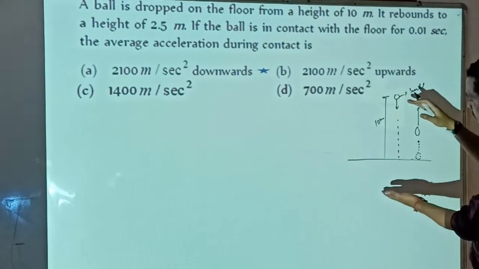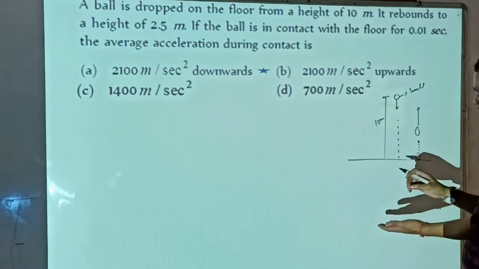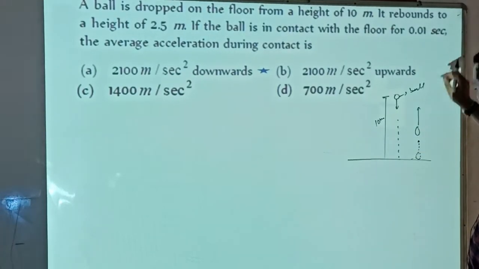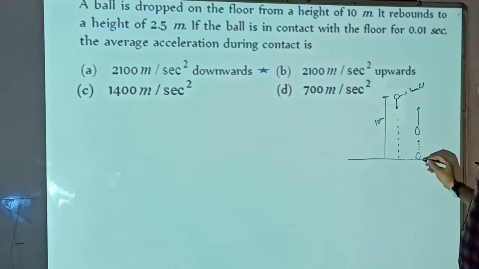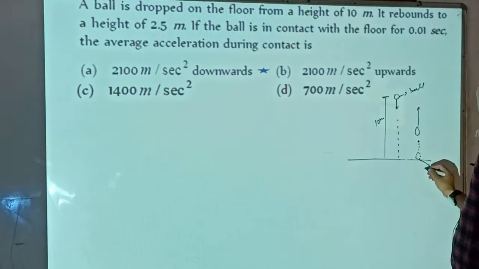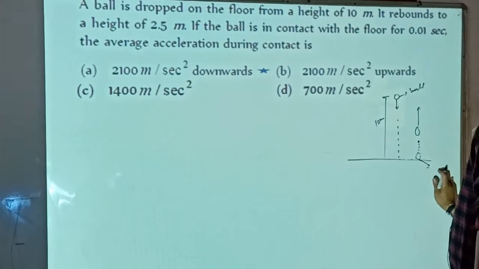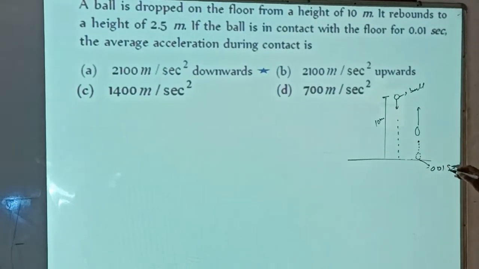After coming to the ground, after collision, it will go upward again. That is called rebound. And the contact time for the collision is 0.1 second, I think 0.01 second, time of contact.